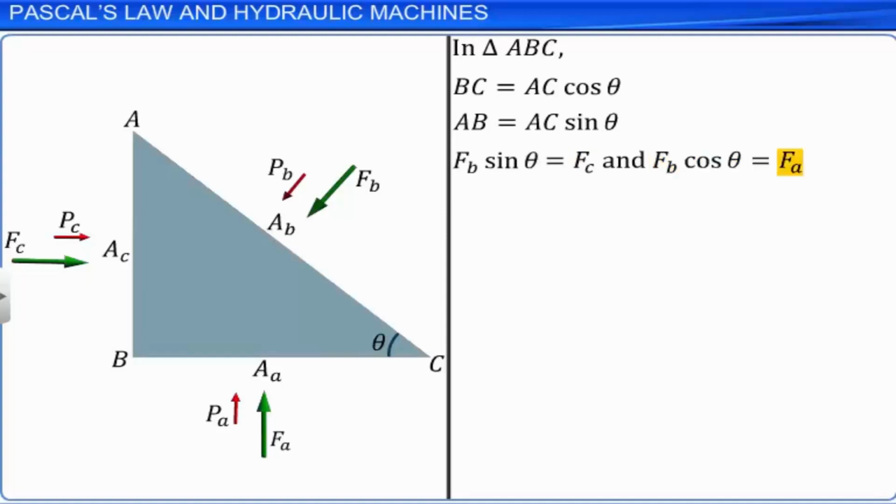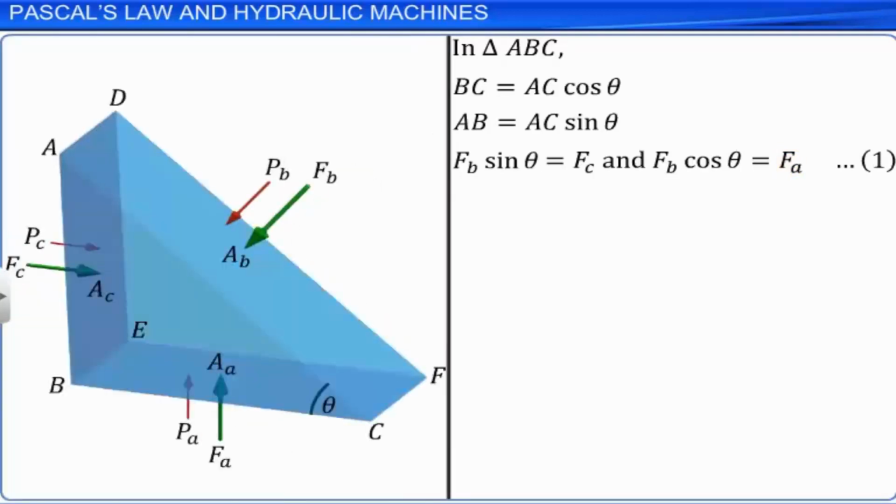As the thickness of the prismatic element is constant, the areas of the three sides of the prism can be expressed in terms of the trigonometric ratios, as shown for the forces given by equation 2, which is Ab sine theta is equal to Ac and Ab cosine theta is equal to Aa.